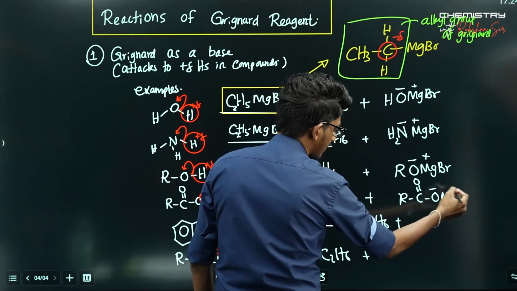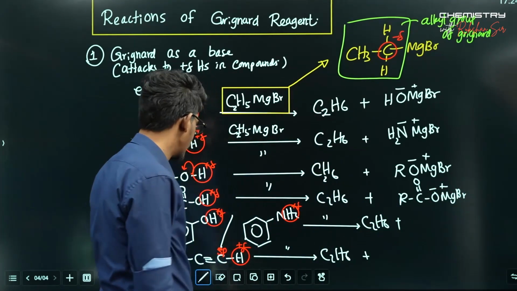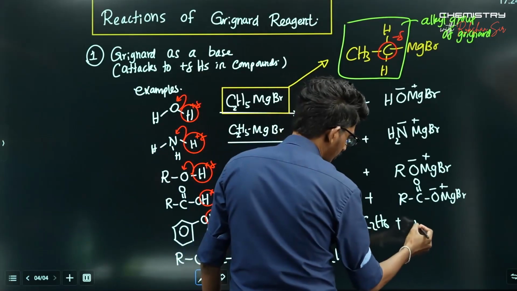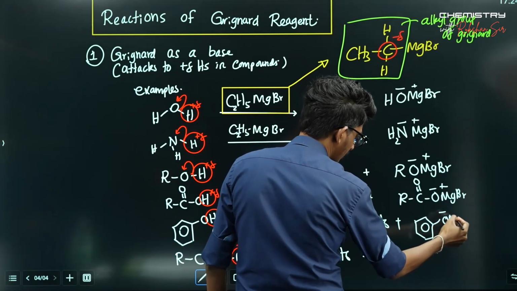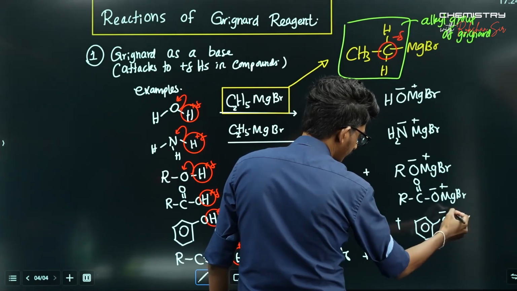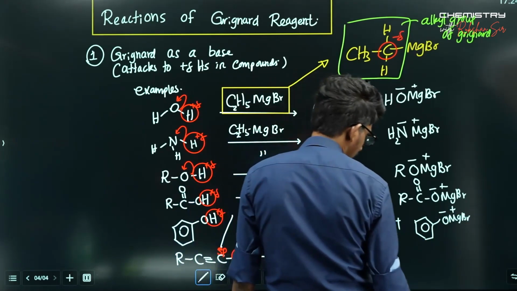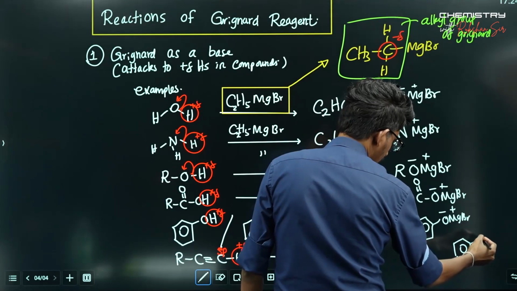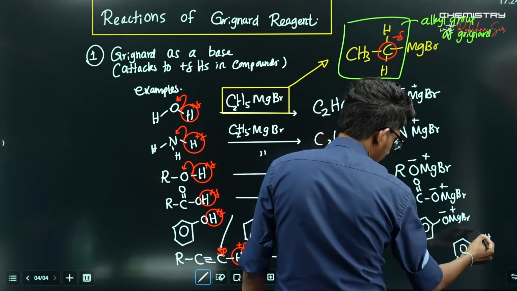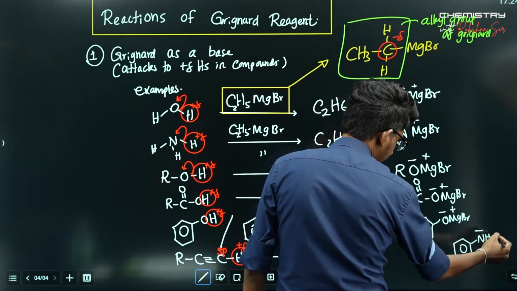These things will be asked in MCQs basically. These ones as well will produce. If it is with the phenol, you will come up with this one. If it was with the aniline, you will come up with this one.